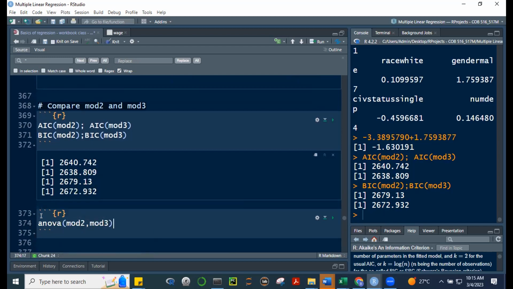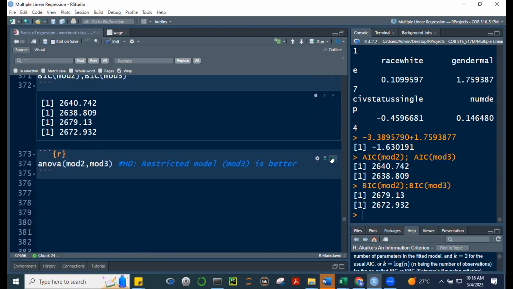Now take note again, our null hypothesis, I can't overemphasize this, is the restricted model, which is model 3, because in model 3 we remove race. Okay, restricted model is better. Let's run this.